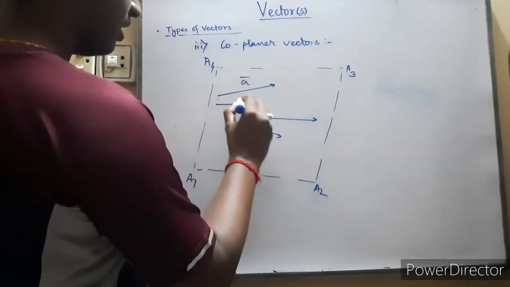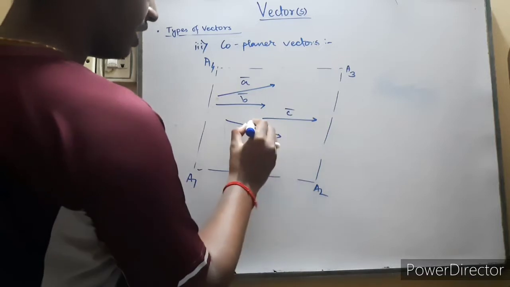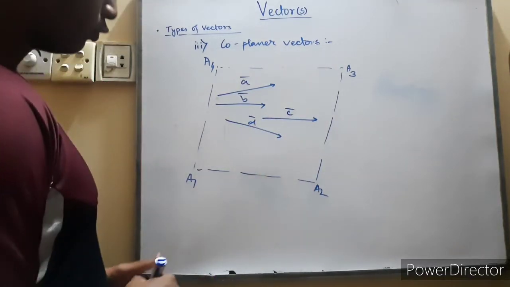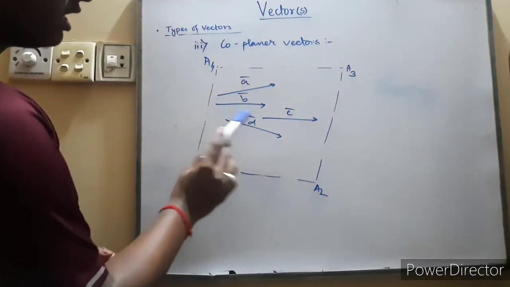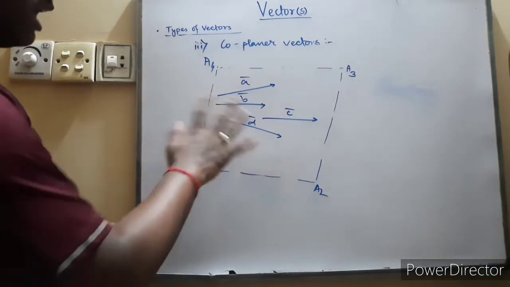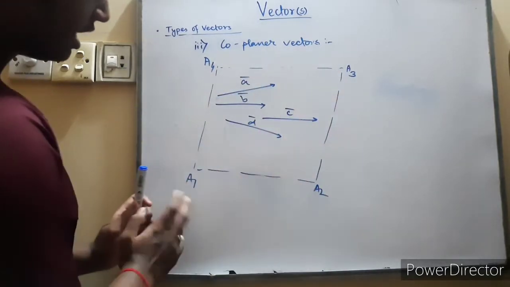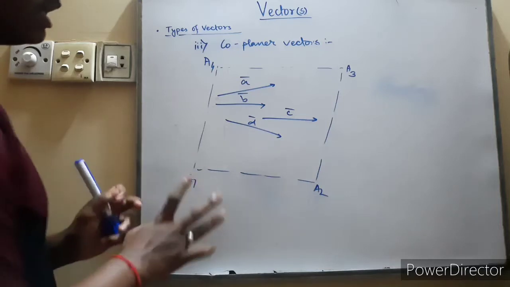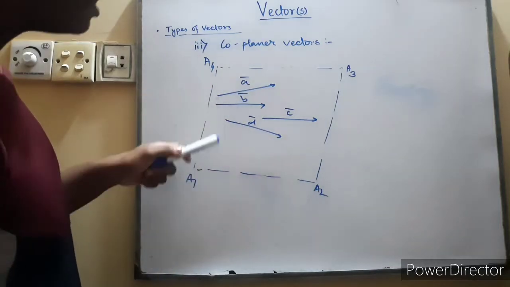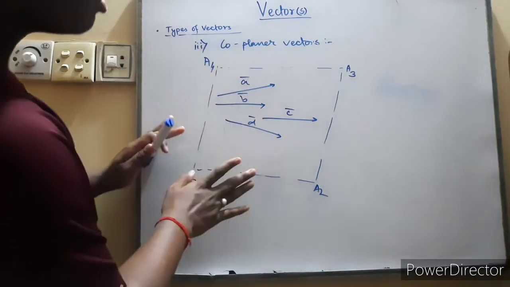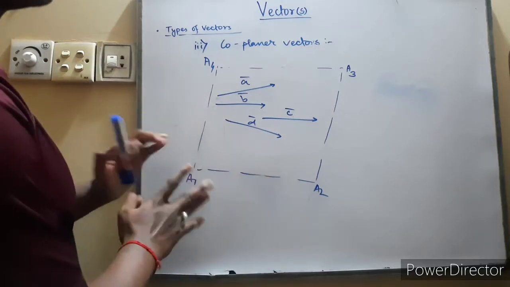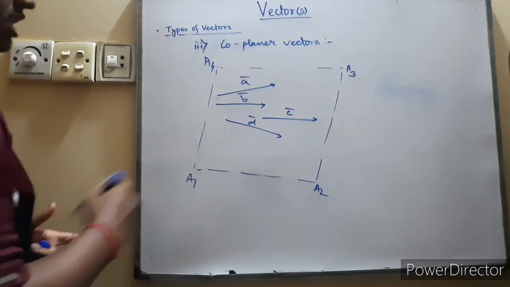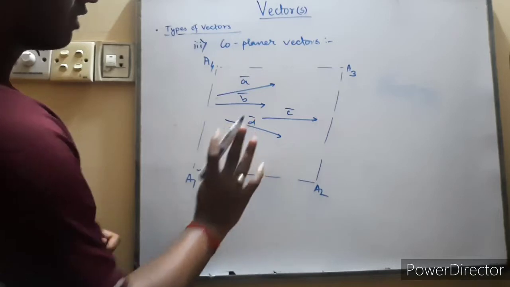So this is vector A, vector B, vector C and vector D. They are parallel to this plane A1, A2, A3, A4. They'll either lie on the plane or be parallel to this plane. So these four vectors are coplanar vectors.